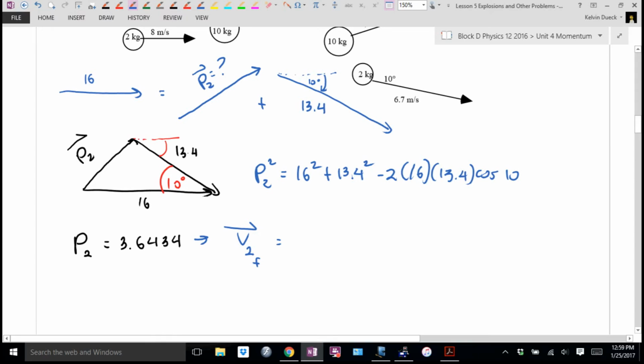Without your calculator, in your head, you're going to look at mass 2, which is 10 kilograms, and in your head, without your calculator, please God, you're going to divide 3.6434 by 10. I knew you could do that. Now that's the speed. They said velocity, so I have to add a direction.